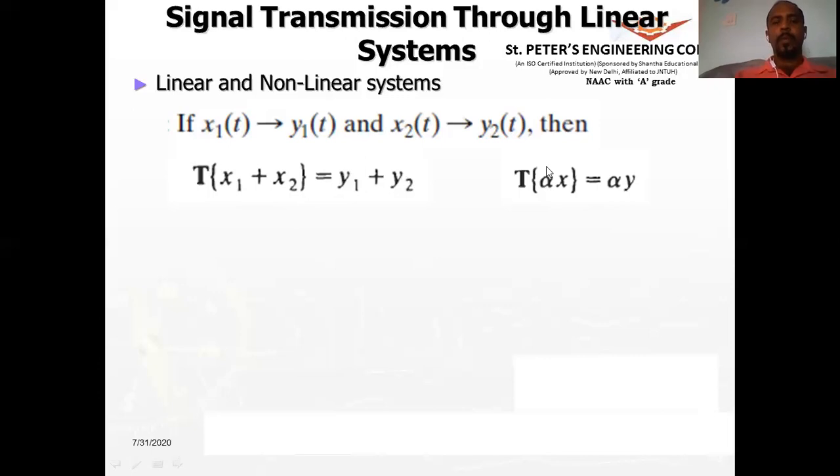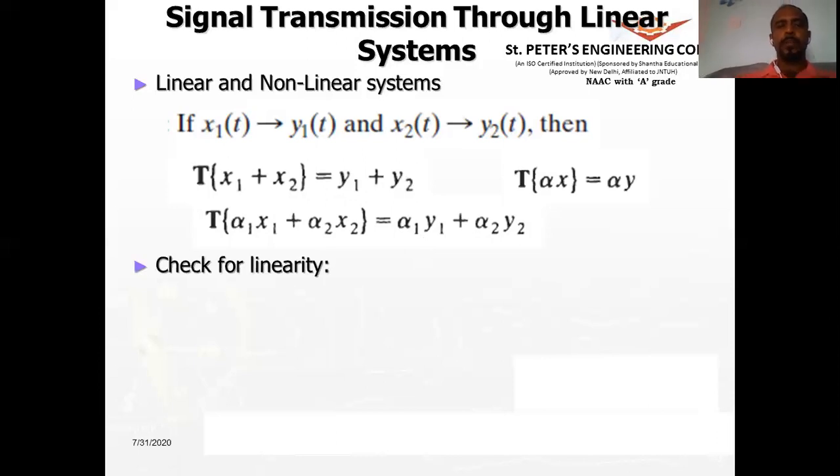The principle of homogeneity says if the input is multiplied by an amount alpha, the output also will be multiplied by an amount alpha. So when we add both of these, then T of alpha 1 x1 plus alpha 2 x2 should give an output alpha 1 y1 plus alpha 2 y2. All right, so that will be the output.